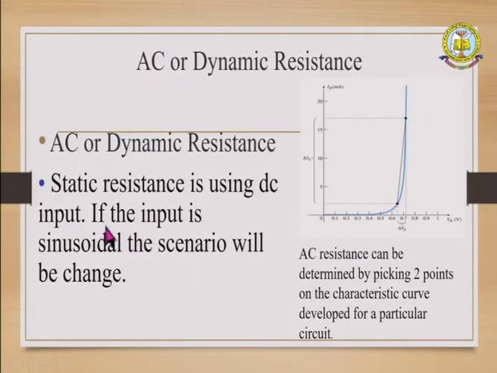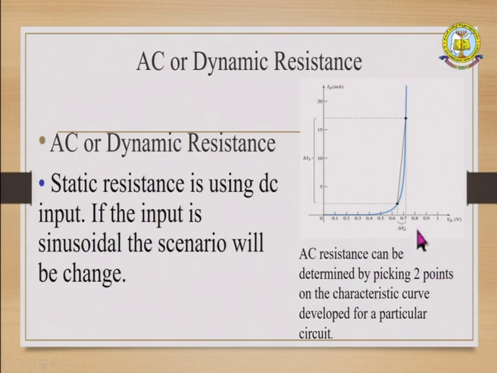Okay. So here is the AC or dynamic resistance formula or circuit. A static resistance uses a DC input. Further, when the input is sinusoidal, it will change. You see this graph: AC resistance can be determined by picking 2 points.